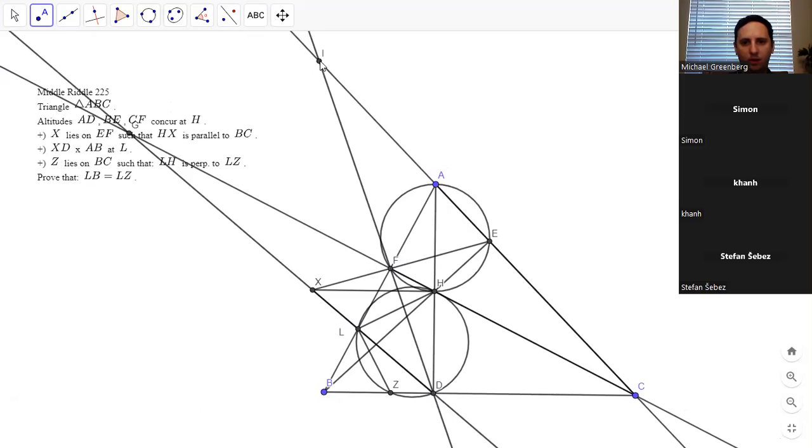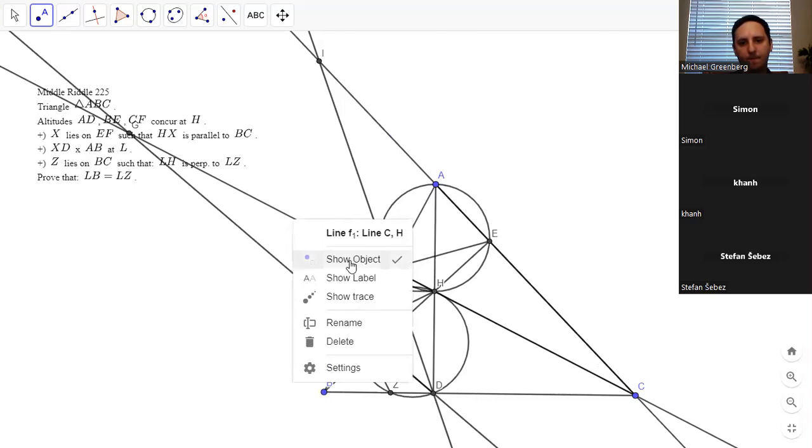Was your solution different, Khan? I also use a cross ratio and projecting, but I project onto AD. Yeah, that's it. It's just the same thing. Yeah, it is the same.